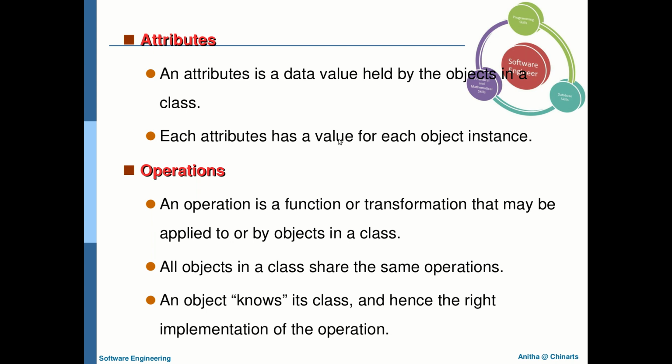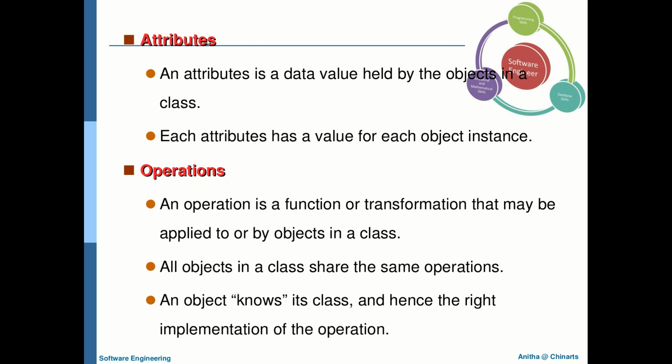For example, if you have a class called square, it will have attributes, say the color as well as the array of points, or the area of the square and the side of the square. Whatever characteristics you want to give for that particular object can be represented as an attribute.